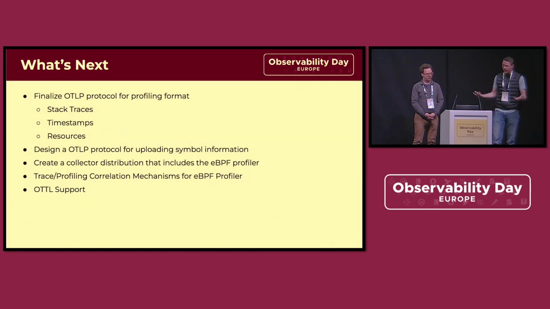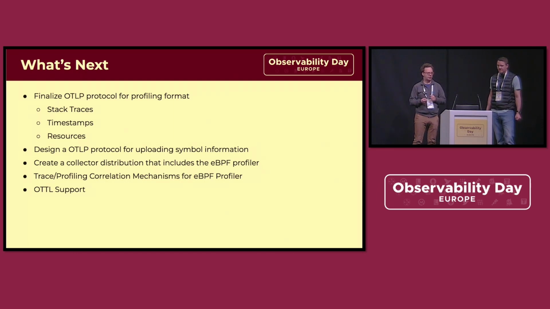We're working on a collector distribution that includes the eBPF profiler. I think that work is going really well. We have not released it yet, but right now the only way you can run the eBPF agent is by creating your own custom distribution. We want to make that easier by providing an official OpenTelemetry distribution that is going to be a lightweight collector, which is only going to be running the eBPF agent and exporting the data using OTLP, with potential resource processors in the middle.